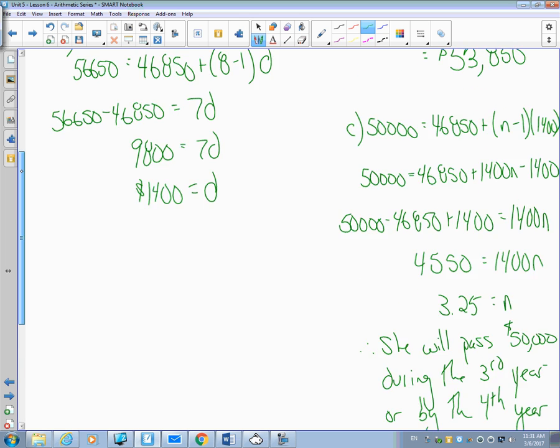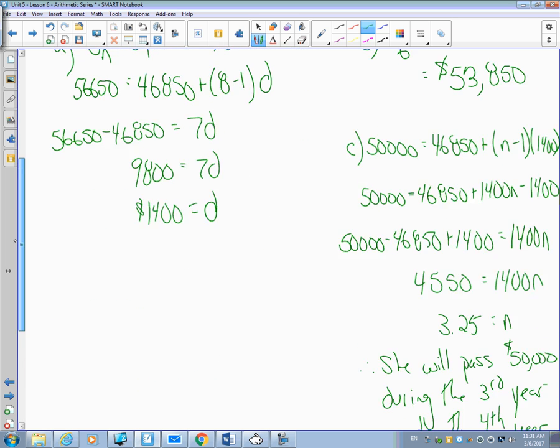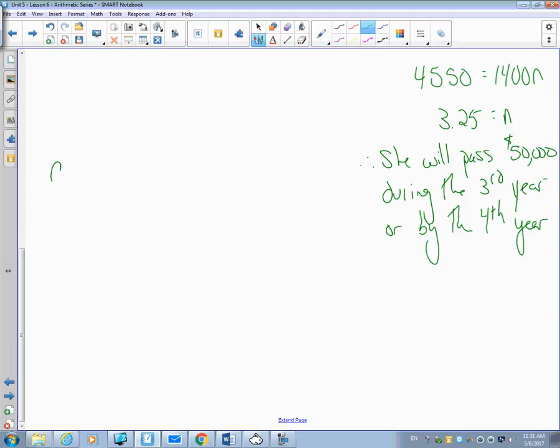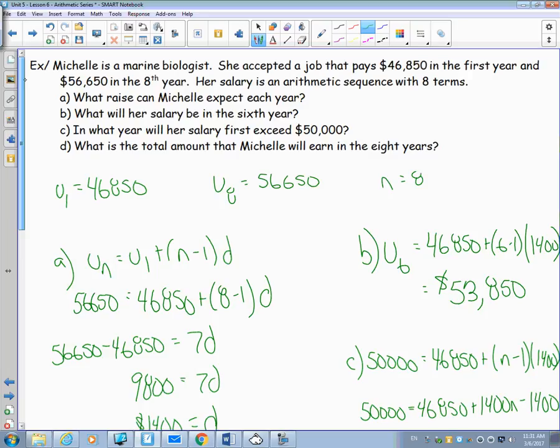Okay, I got one more part here, letter D. What is the total amount that she will earn in the 8 years? Total, that's a key word. That's an S equation, S8. And because I know the 1st term, and I actually know the 8th term, we were told that in the question, right? I can use my shortcut.